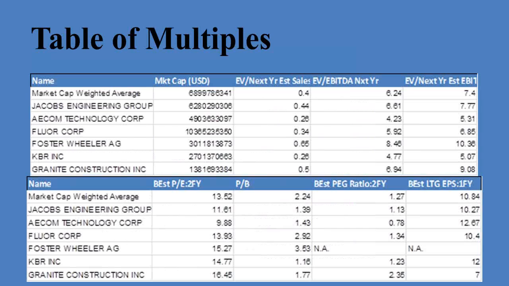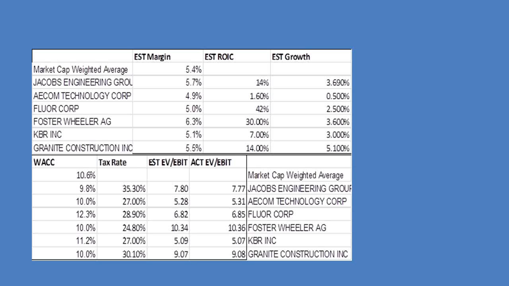So the ranking of the EV to sales doesn't really reflect this constant operating margin. As you can see, they're all over the place. But this is because of the EV to EBIT, which is a combination of WACC, ROIC, and growth.